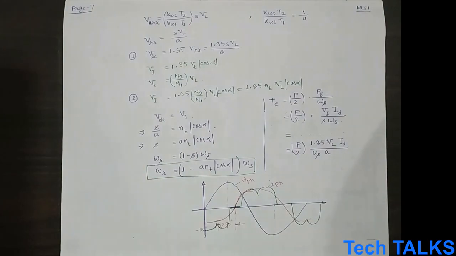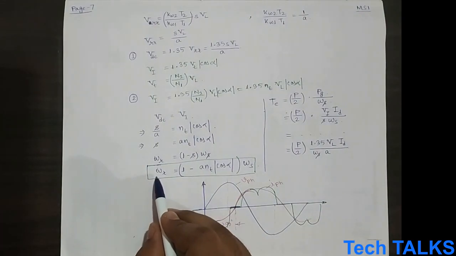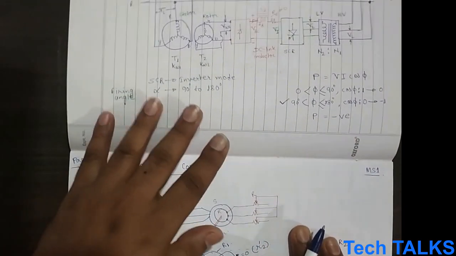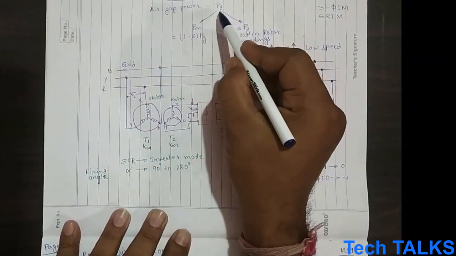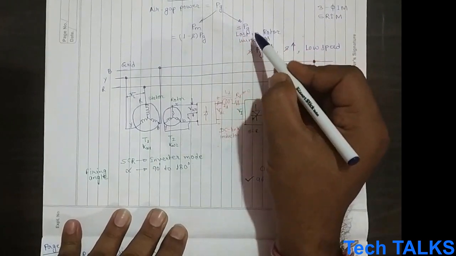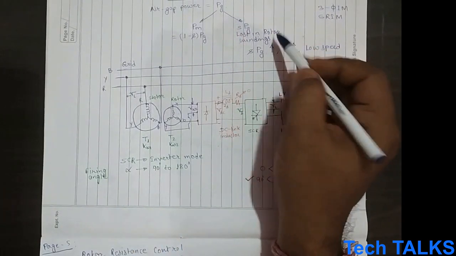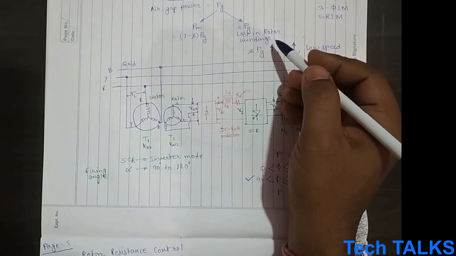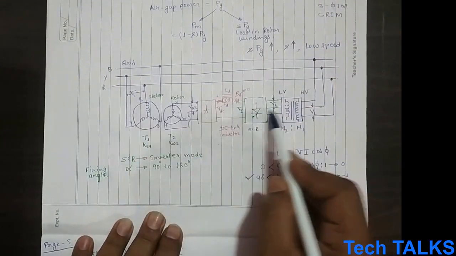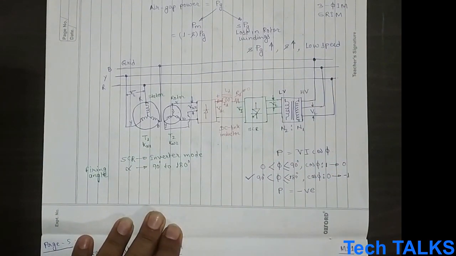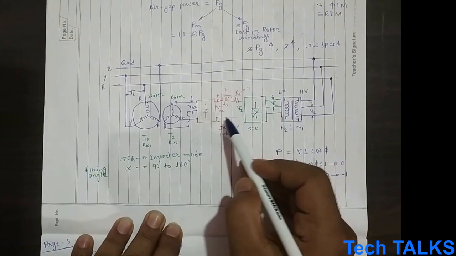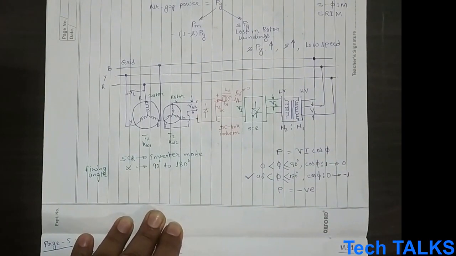From this equation you can easily see that our main target was the air gap power that is lost in the rotor winding, to feed it back to the grid. For that we have made this diagram, this schematic, this scheme.